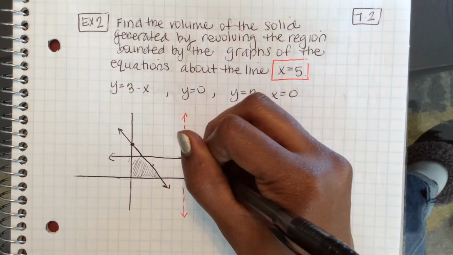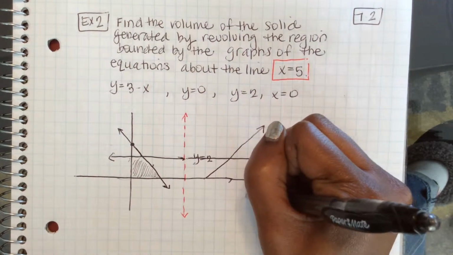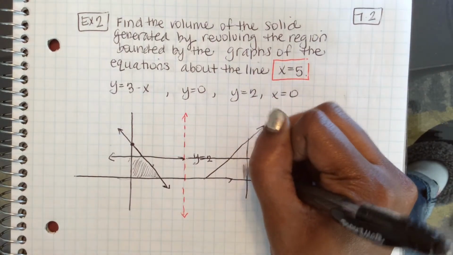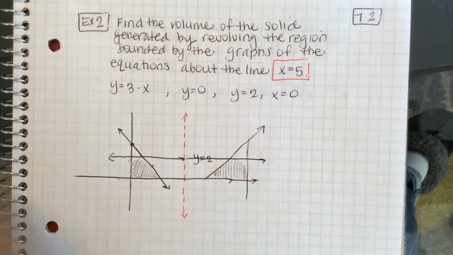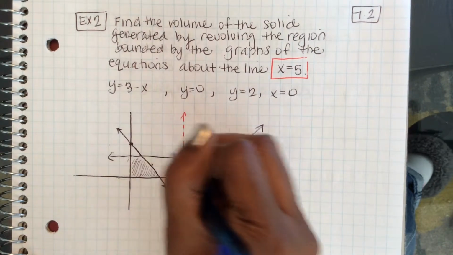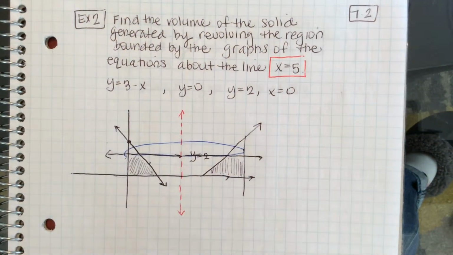And then this reflected across the line would be the same. And then here, this would shoot up here. And you see now this rotation shape has a big hole in it.